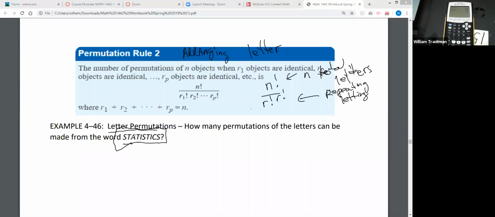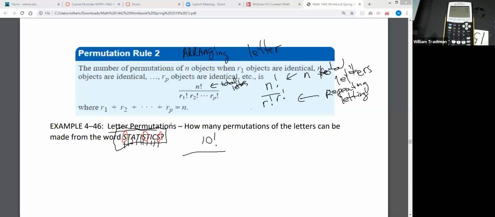First we have to count the number of letters. 1, 2, 3, 4, 5, 6, 7, 8, 9, 10. So there are 10 letters total. Do you see that's the top? Now, are there any repeating letters? Yes. Look at the S's.